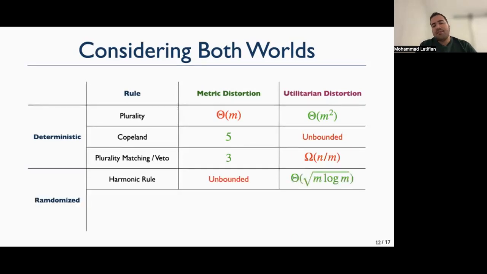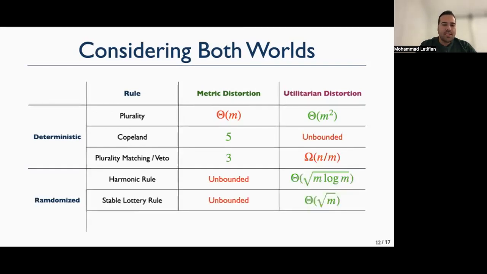In the randomized setting, we have the harmonic rule, which is almost optimal in the utilitarian world, but has unbounded distortion in the metric setting. We have the stable lottery rule, which is asymptotically optimal in the utilitarian setting, but has, again, unbounded distortion in the metric setting.